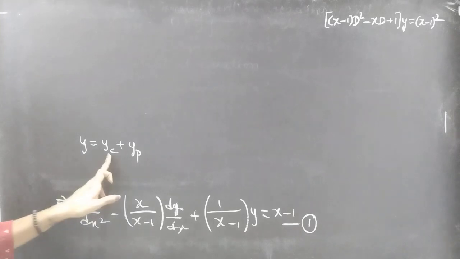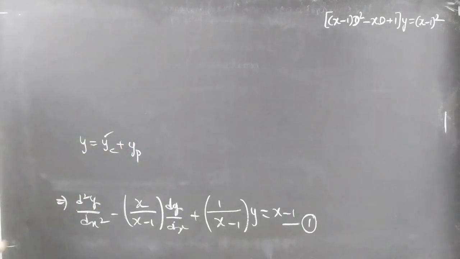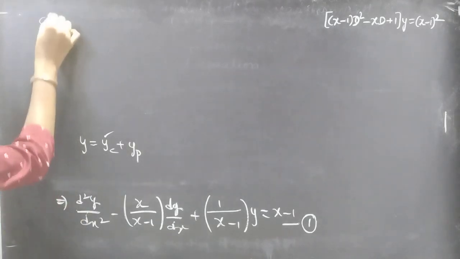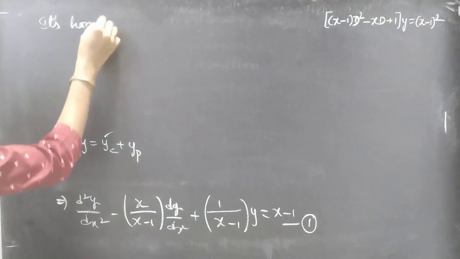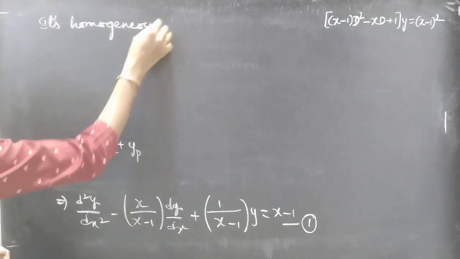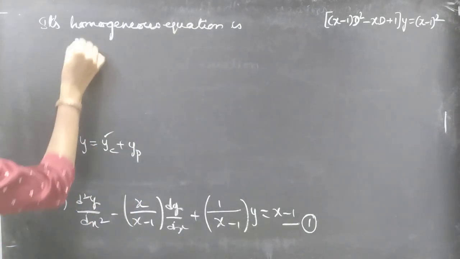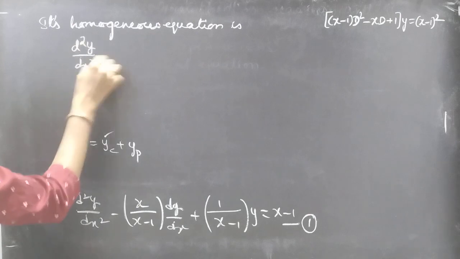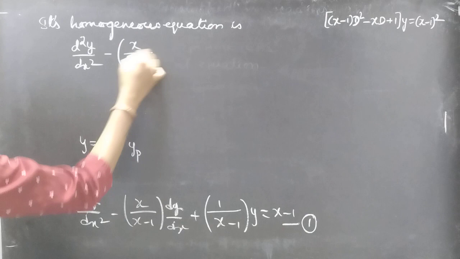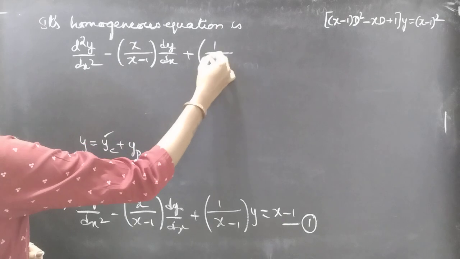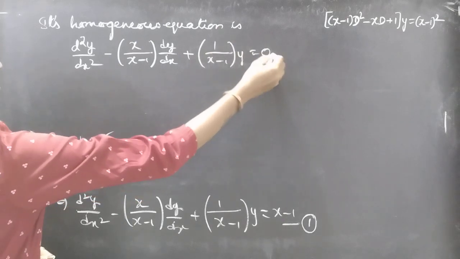Now we'll find yc using the inspection method. Okay, I'll show it. So let's now write the homogeneous equation of equation 1. Its homogeneous equation is d squared y by dx squared minus x by (x minus 1) into dy by dx plus 1 by (x minus 1) into y equal to 0, right?